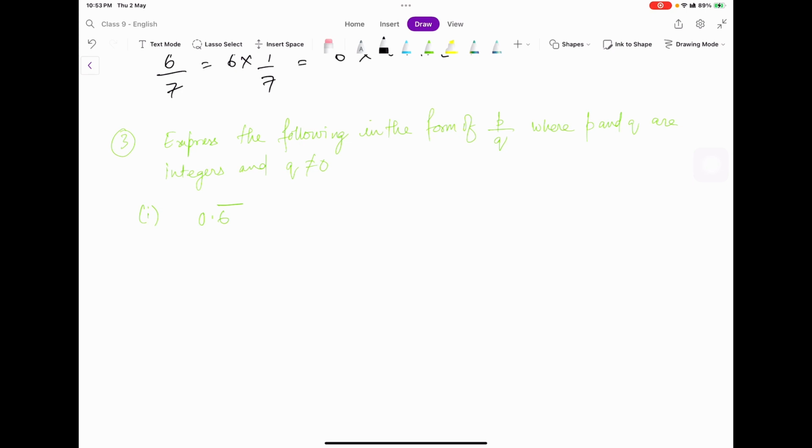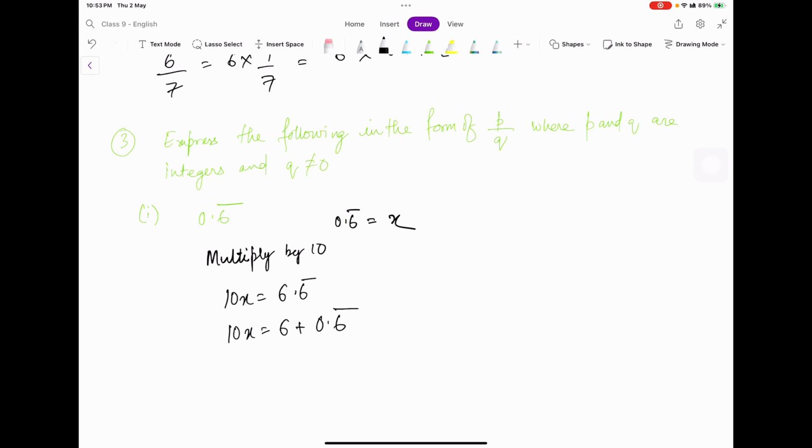The first is 0.6 repeating. Since only one digit is repeating, multiply by 10. Let 0.666... equal x. Multiplying by 10 gives 6.666..., so 10x equals 6 plus 0.666..., which is x again.